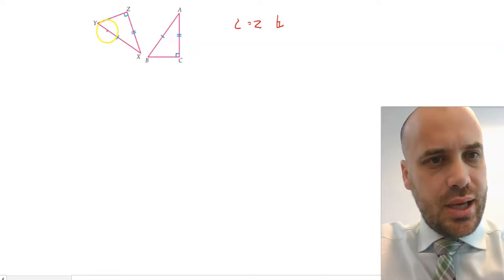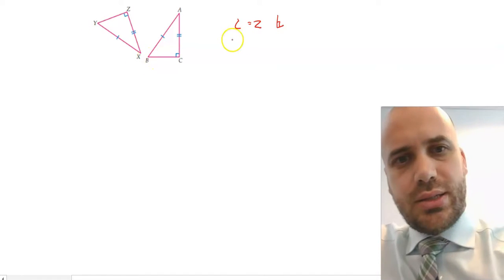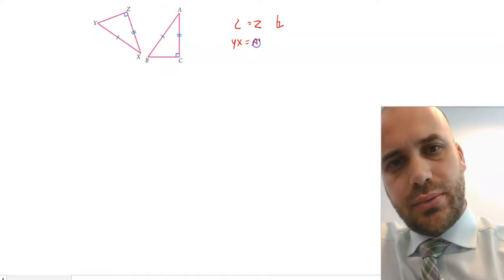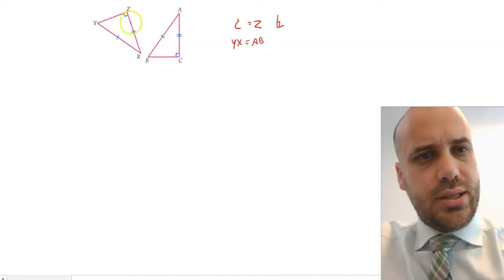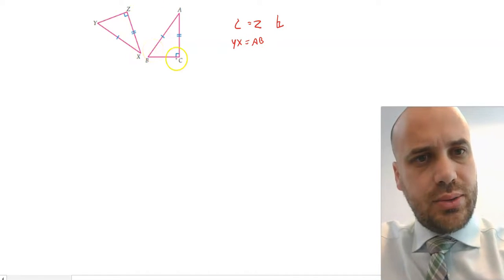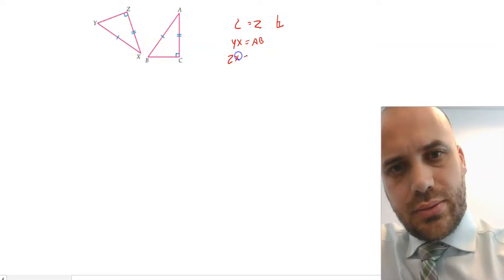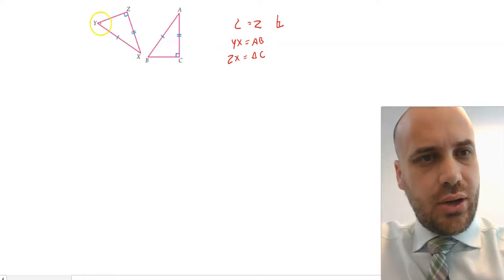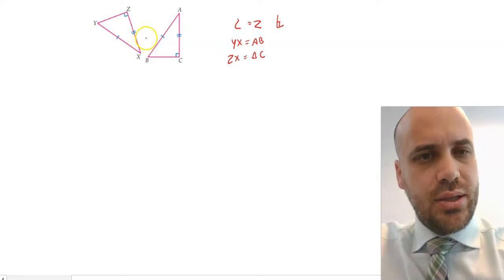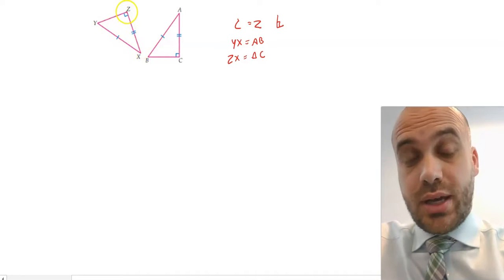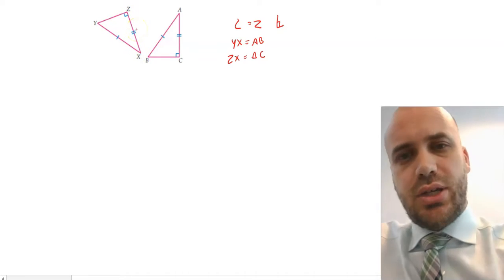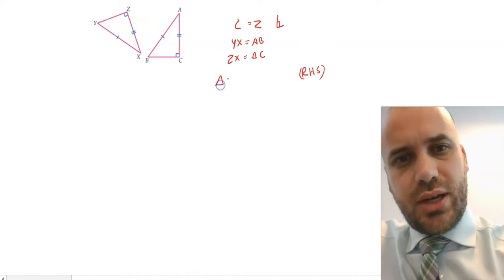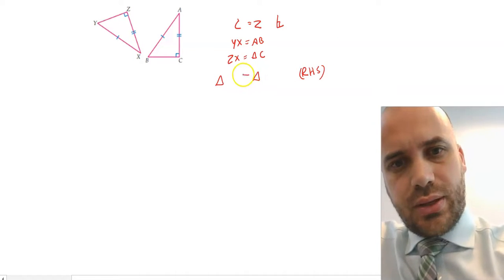I can say that YX equals AB, and I can say that ZX equals AC. Altogether, I have a hypotenuse, a right angle, and a side, RHS.